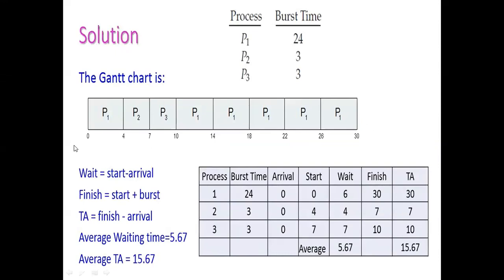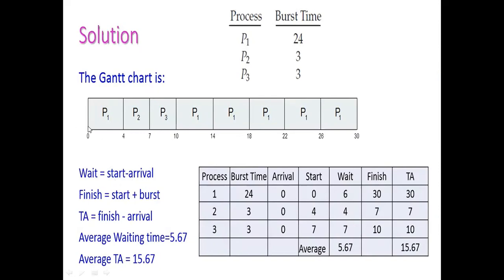Here the Gantt chart is depicted. For the processes P1, P2, P3, the arrival time is 0. The start time you can find using this Gantt chart. The start time for the process P1 is 0, for the process P2 is 4, and for the process P3 is 7. The wait time can be calculated using the formula start time minus arrival time.